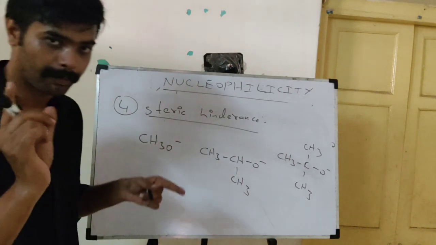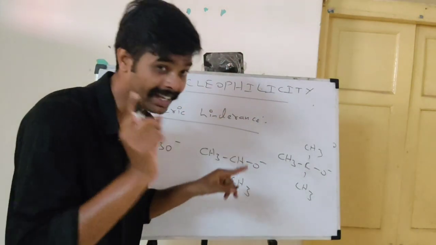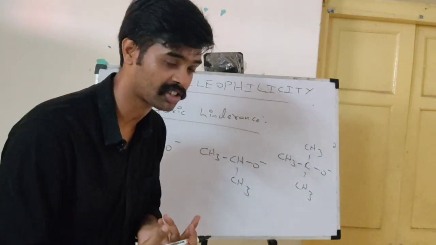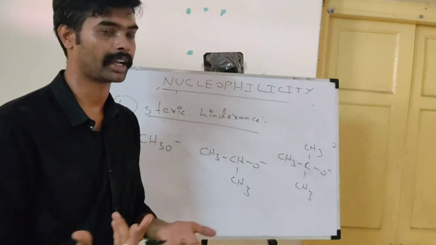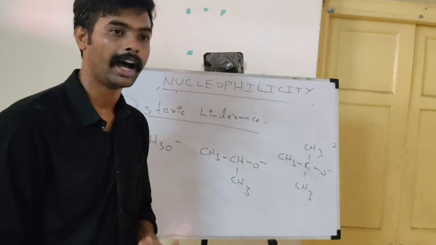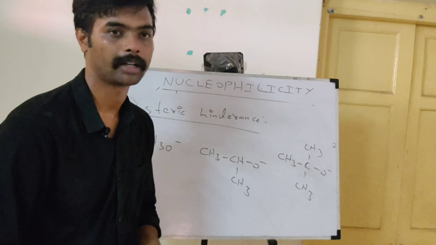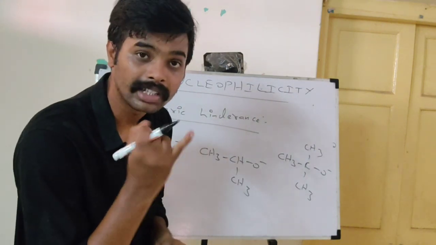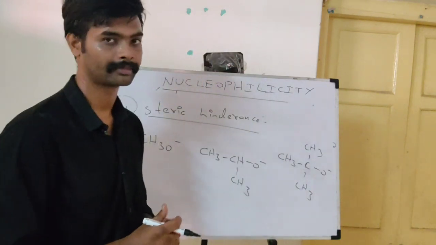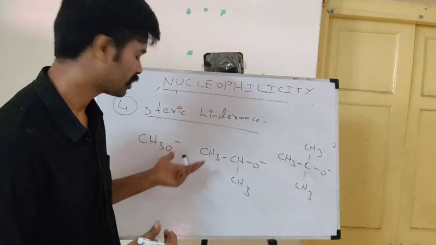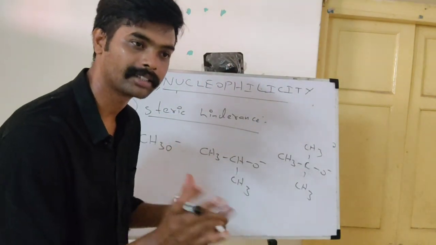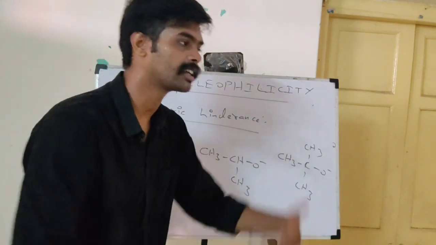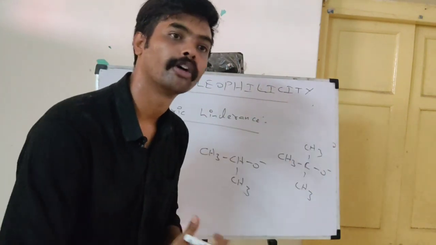Now again, making you remember that nucleophilicity is a kinetic term, it's about how fast the reaction occurs. It's all about a running race. We can take a general real life example. I have a guy who is a little bit stout, and I have a guy who is very lean. So definitely the guy who is leaner can run faster. The same thing goes here. The one having the least crowdedness will be able to move faster and attack in a faster way.